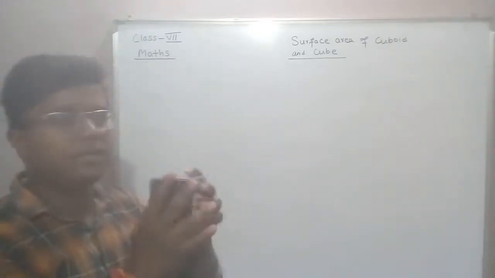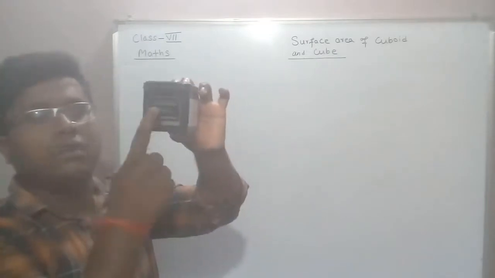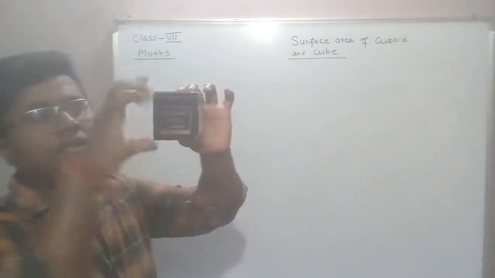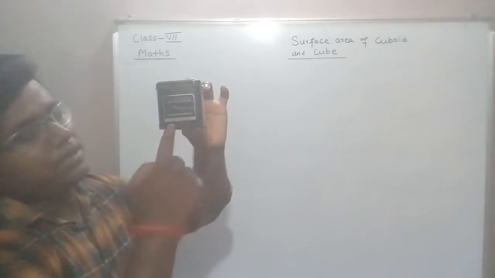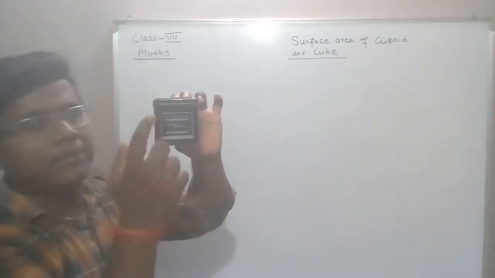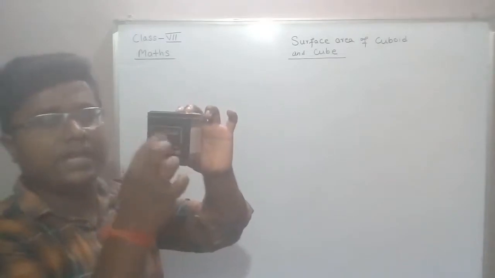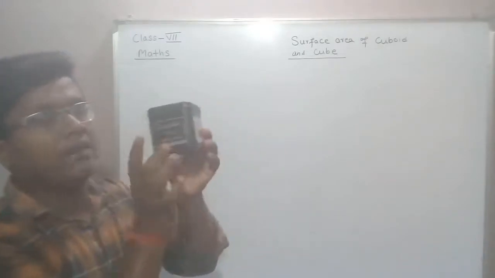So how many surfaces does this cuboid have? Let us count. One, this is a rectangular shape. The area of this rectangular surface is exactly equal to the area of the opposite face.